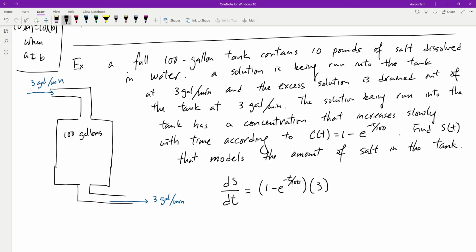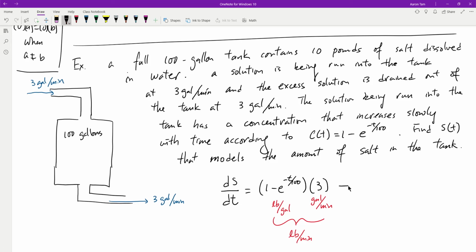If you think about it, this concentration must be in units of pounds per gallon, while this rate is gallons per minute. So when I combine these two together, it becomes pounds per minute, and that becomes a mass or amount of salt over time derivative. So that's the rate in.